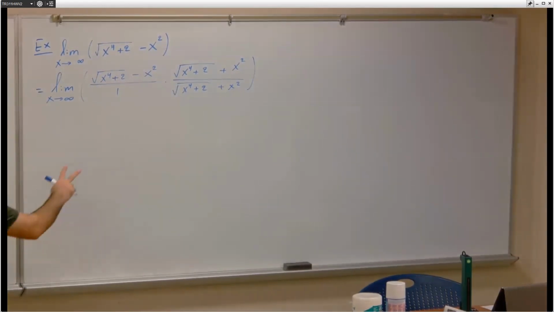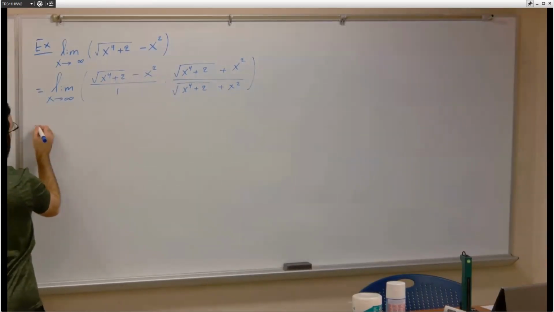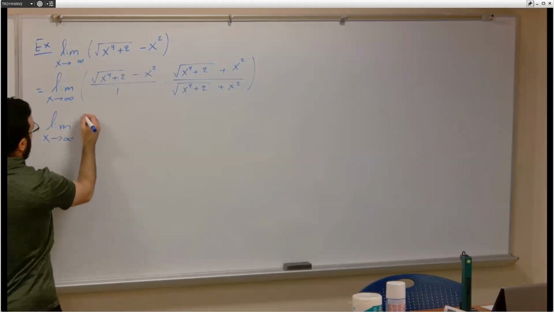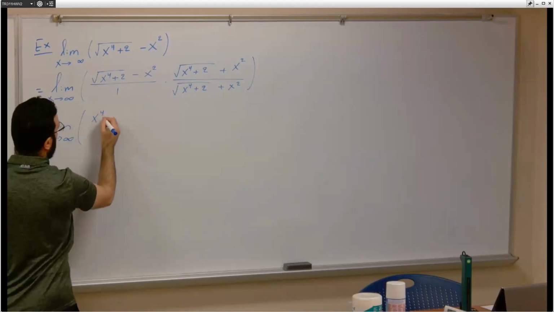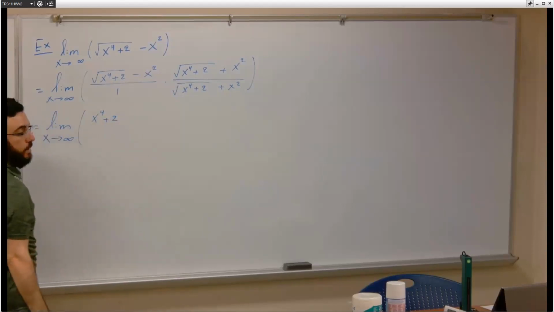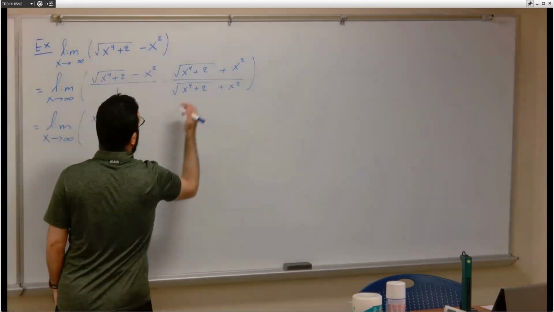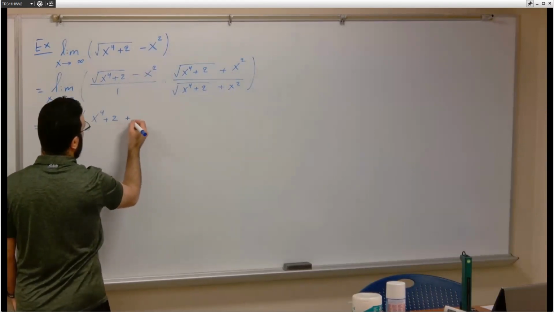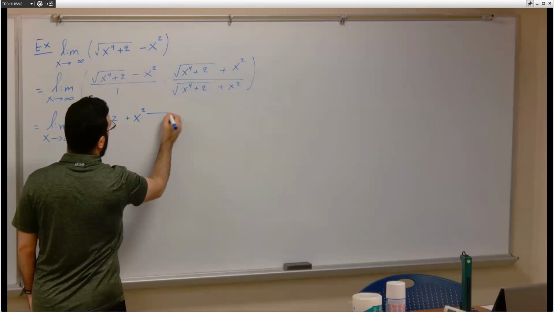So I multiply the square root by the square root. It is going to be the limit as x approaches infinity. Square root times square root is going to be x to the power 4 plus 2, right? Without the root. The square root here times x squared is going to be plus x squared times the square root of x to the power 4 plus 2.